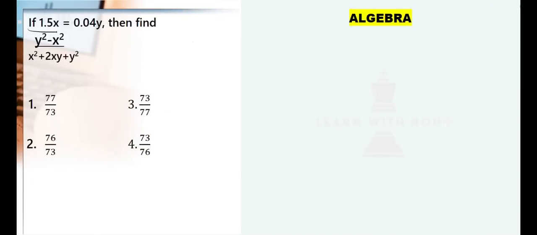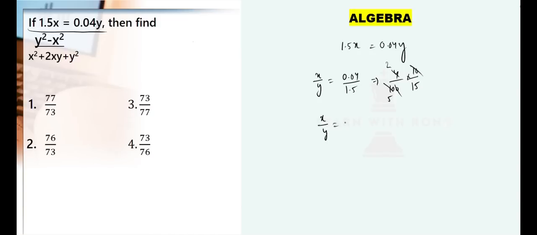If 1.5x is 0.04y, from this, x by y equals 0.04 divided by 1.5, right? So I can write this as 4 by 100 divided by 15 by 10. Okay, the 10 gets cancelled, 2 2's and 2 5's. So we got x by y ratio as 2 by 75.